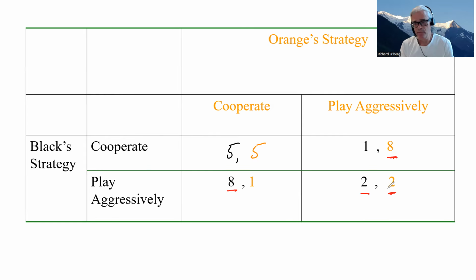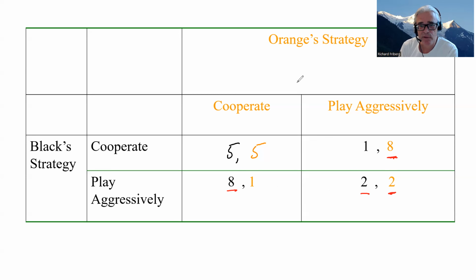Okay. So what do we want to do with this? Well, we want to predict how firms are going to be playing. And we can see that in this case, we had what we call a dominant strategy for each of the players to play aggressively.